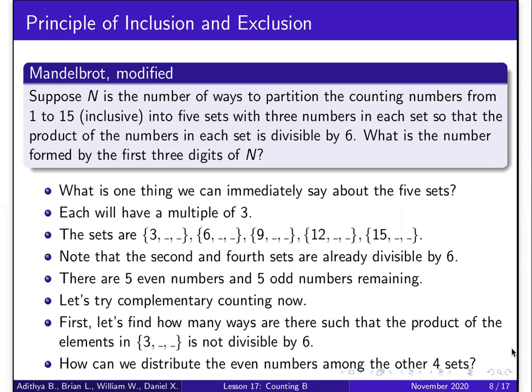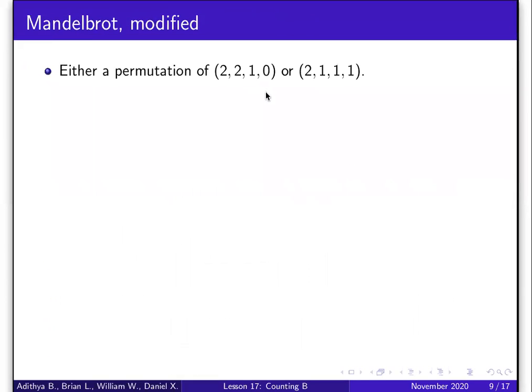So remember that there are 5 even numbers here, and we have 4 sets to put them in. So I guess I can just say that the number of even numbers in the other 4 sets has to be some permutation of 2, 2, 1, 0 or 2, 1, 1, 1.